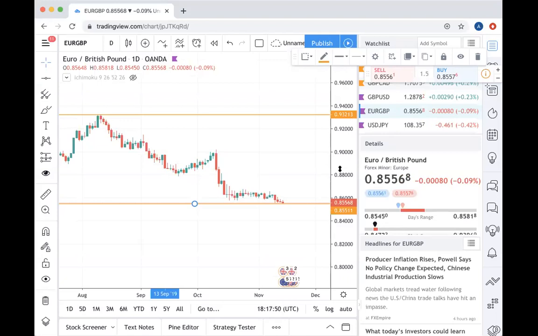If you reject a support level, you want to look to buy. If you break a support level, you want to look to sell. Okay, I'm going to say that again. If you reject a support level, you are going to look for a buy. If you break a support level, you're going to look for a sell.